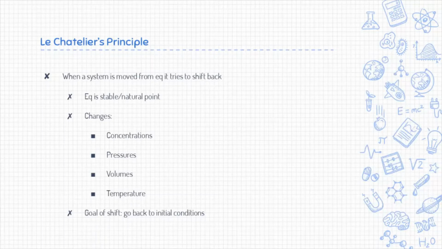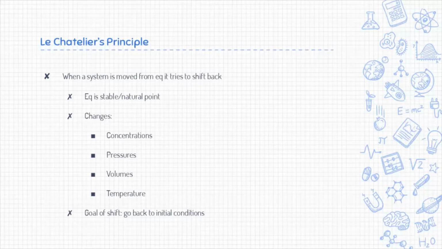The main idea is that if you have a system at equilibrium and you move it away from that equilibrium point using some kind of stress or change, it is going to try to shift back towards equilibrium. It's going to change in some other way so that it gets back to that equilibrium. That's a result of equilibrium being like a stable point, or the point that nature aims to get to. Equilibrium is the desired outcome, I guess you could say.